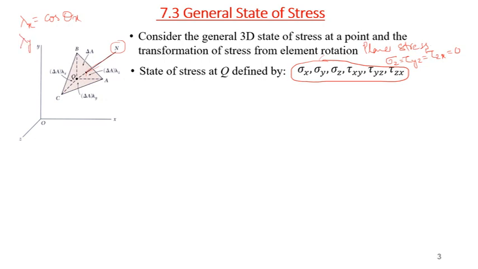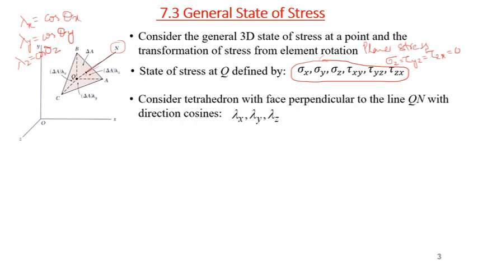Lambda y is cos theta y, the angle between this normal and the y-axis, and lambda z is cos theta z, the angle between this normal and the z-axis. So these are the direction cosines we have, lambda x, lambda y, and lambda z, and we are interested in the stress along that normal n.